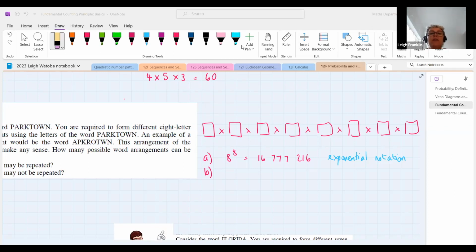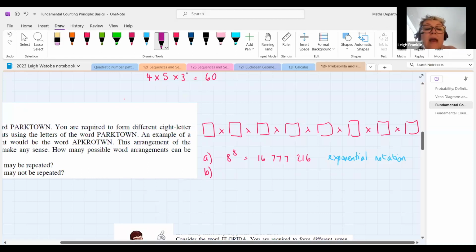Okay, so Lesejo says, when do we use 8 factorial? And Awami says 8 factorial, and Cheslin says 8 factorial, and Yolanda says 8 factorial. Okay, so to answer your question, Lesejo, this is when we use factorial, because things are not able to be repeated. So what that means is that we have 8 options for the first letter.